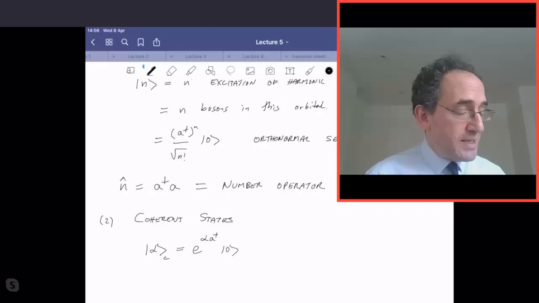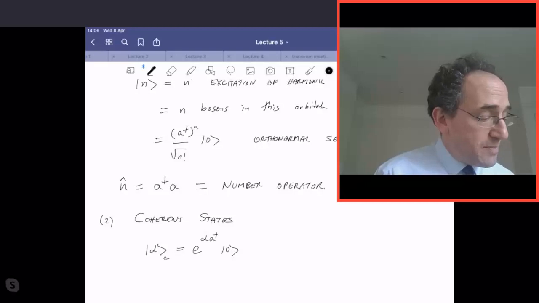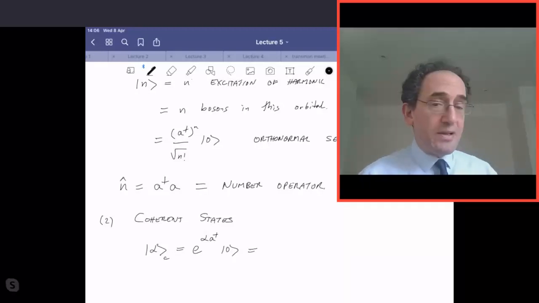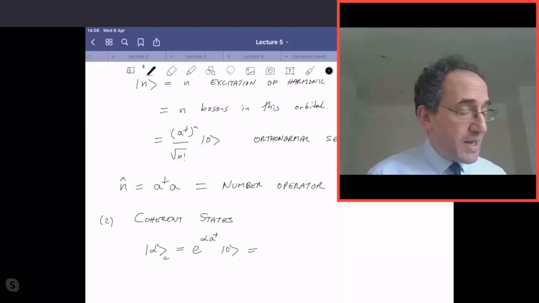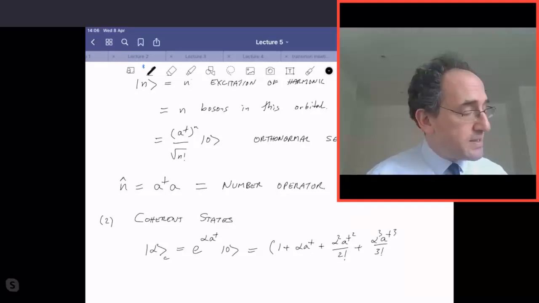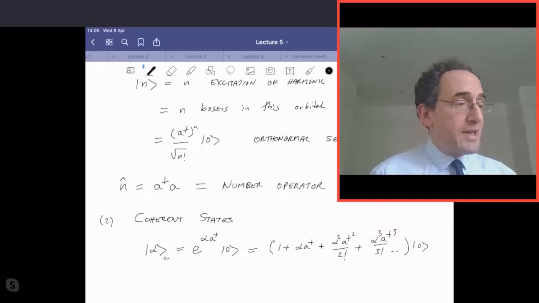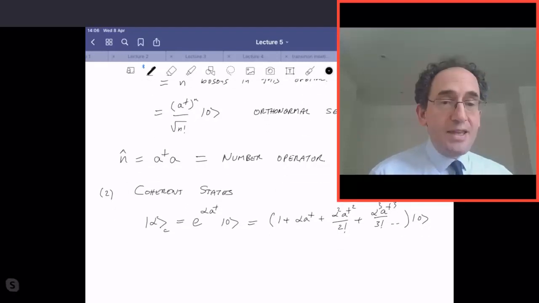So alpha is some complex number. You can define it for any complex number. And the way we define this exponential of an operator is by expanding the Taylor series. So this is 1 plus alpha a dagger plus alpha squared a dagger squared over 2 factorial plus alpha cubed a dagger cubed over 3 factorial dot dot dot, all applied to the vacuum, the zero state.